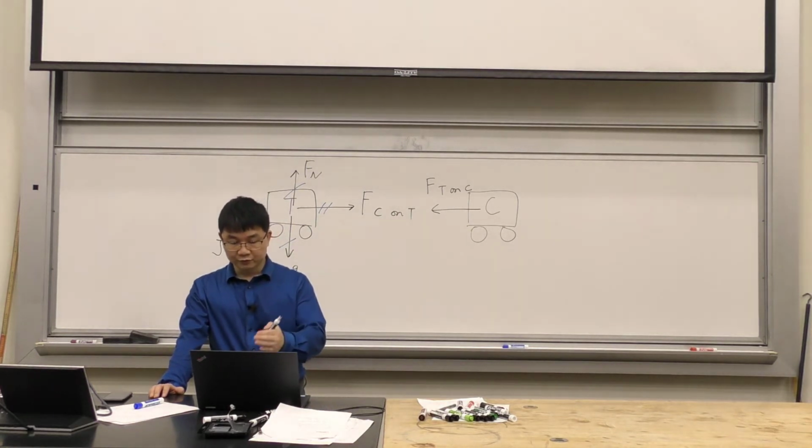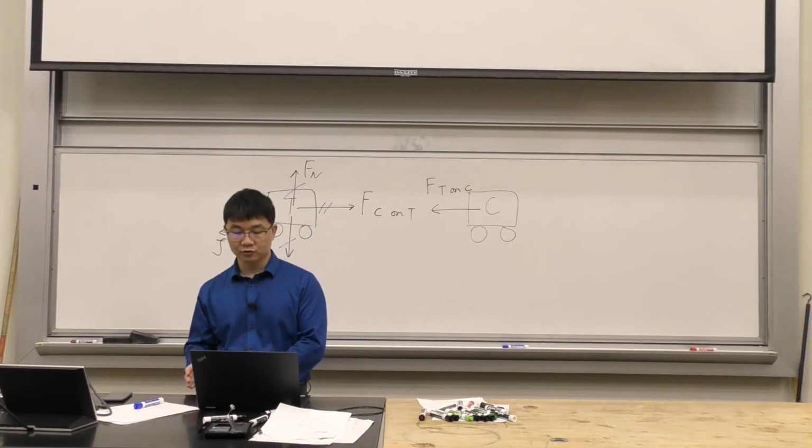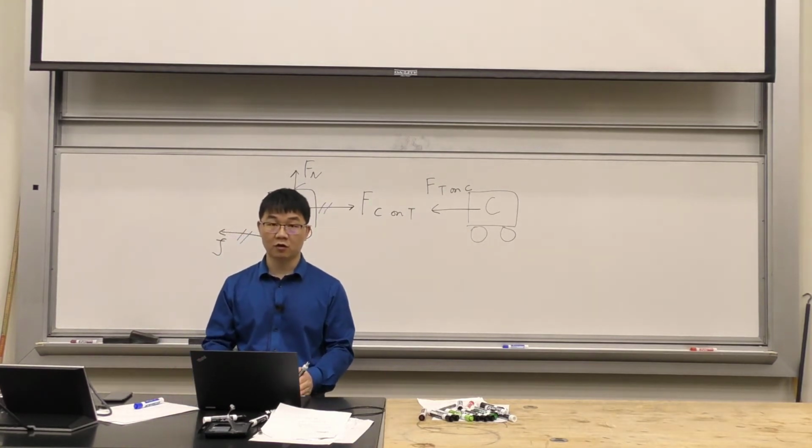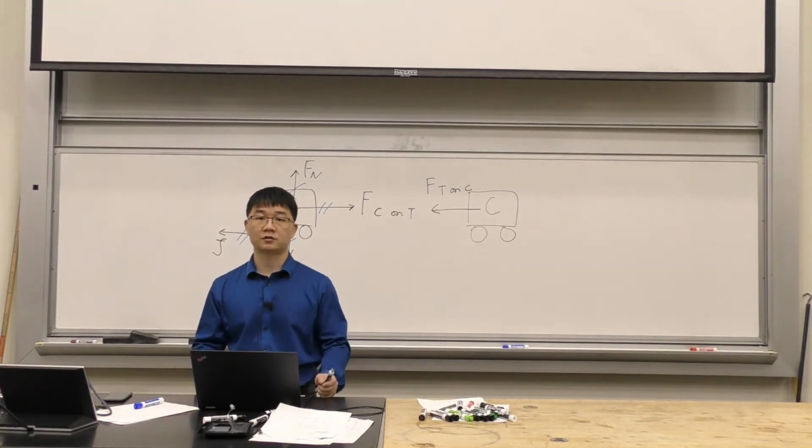Take a look at the previous part. So is this still true? The pulling force from the car on the trailer and the pulling force from the trailer on the car, are they still action and reaction forces if the trailer and the car are moving at a constant acceleration?